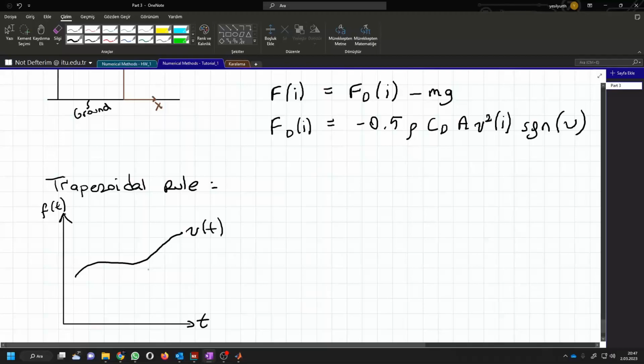So which is the integration of velocity with respect to time, basically. So let's say we will calculate the area between two consecutive points on my function.